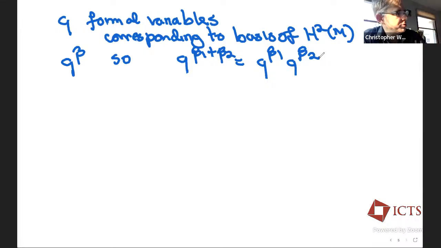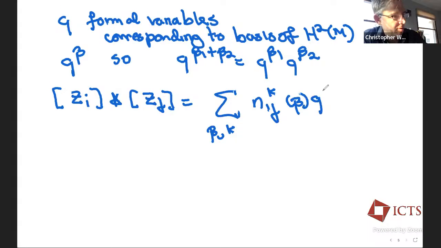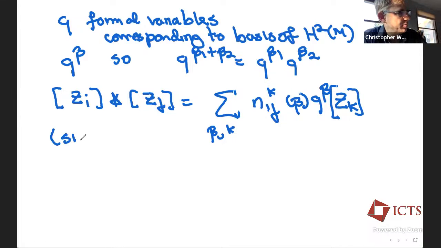And so now if I want to take the quantum product of Zi and Zj, it's the sum over homology classes beta and indices k of the structure coefficient I_(ijk)(beta) times q to the beta times Zk. So this is called the small quantum product.